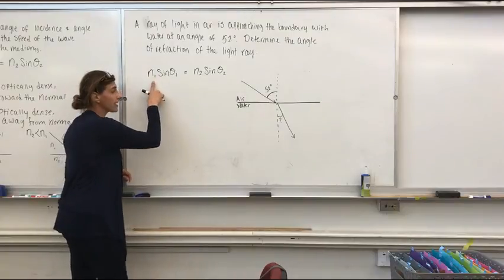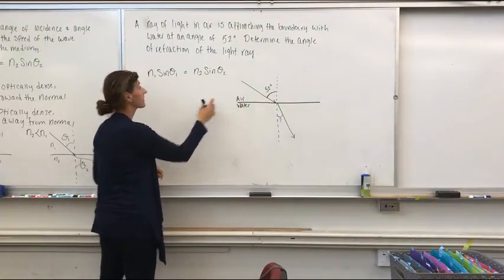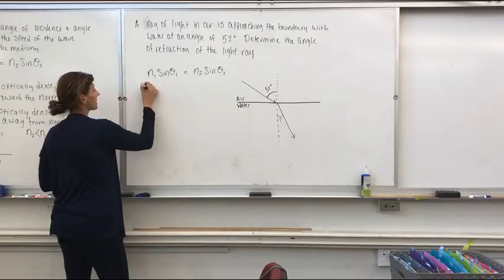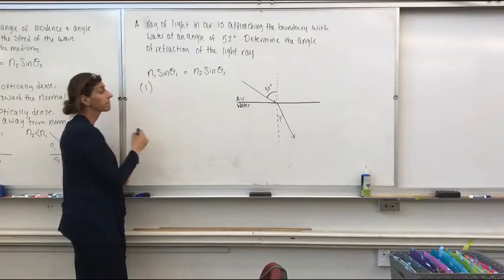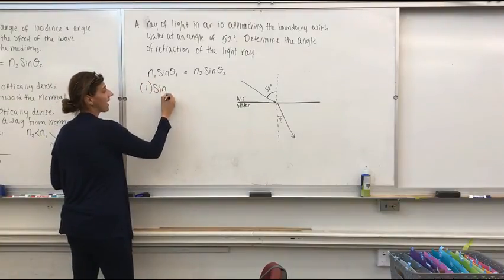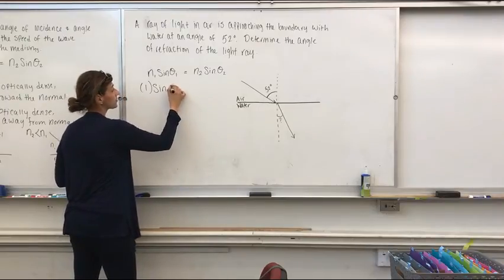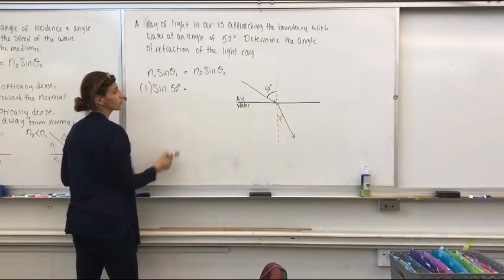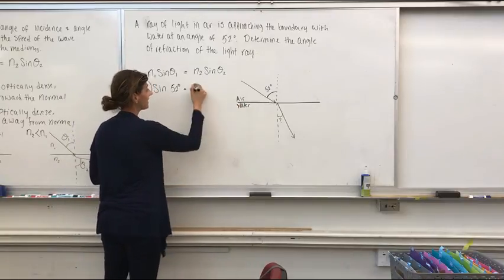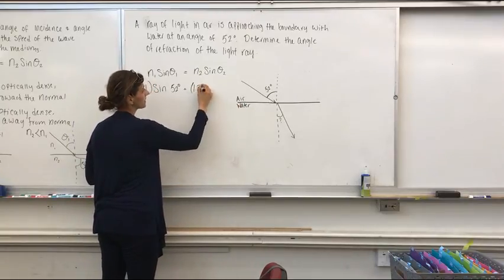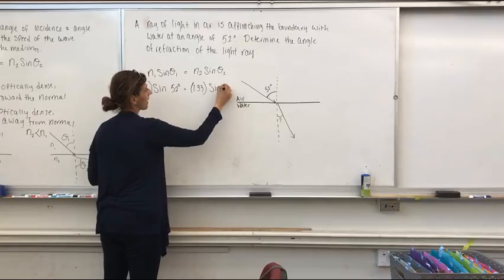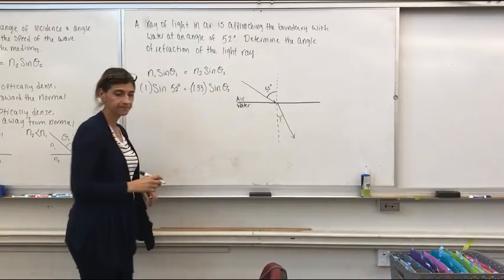Plugging in my values, n1 is air. I know that the optical density of air, or n of air, is 1. The angle at which it comes in from the air is 52 degrees, equals water's n, which is 1.33, times sine theta 2, and I'm trying to find theta 2.